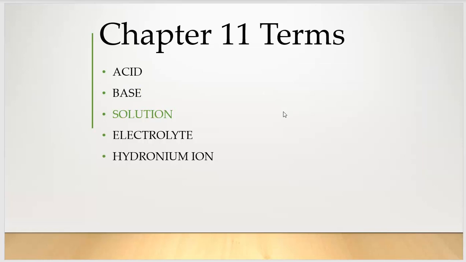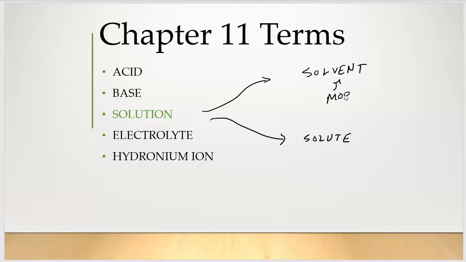For solutions, don't forget that forming a solution is actually a chemical reaction. So it takes two pieces. It takes a solvent and a solute. The solvent is the feature of solutions of which there is more.